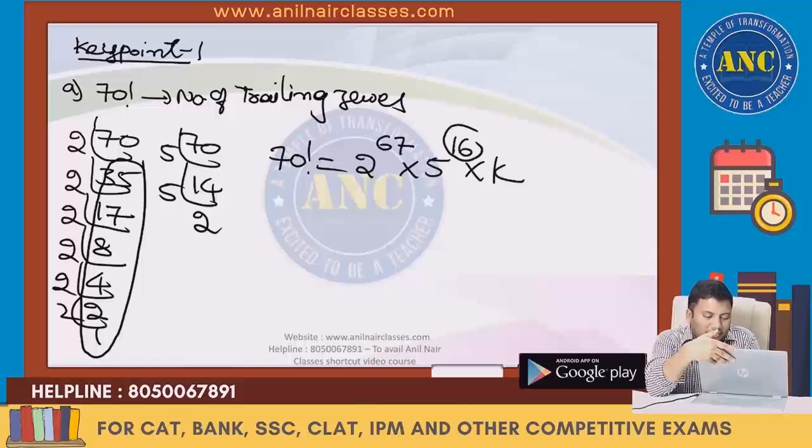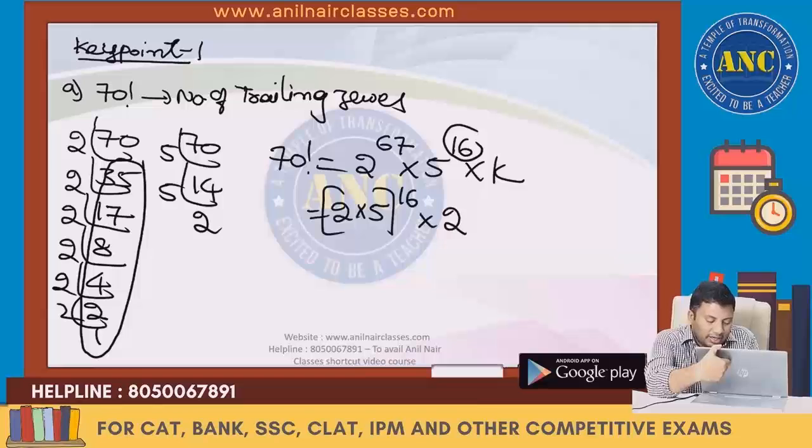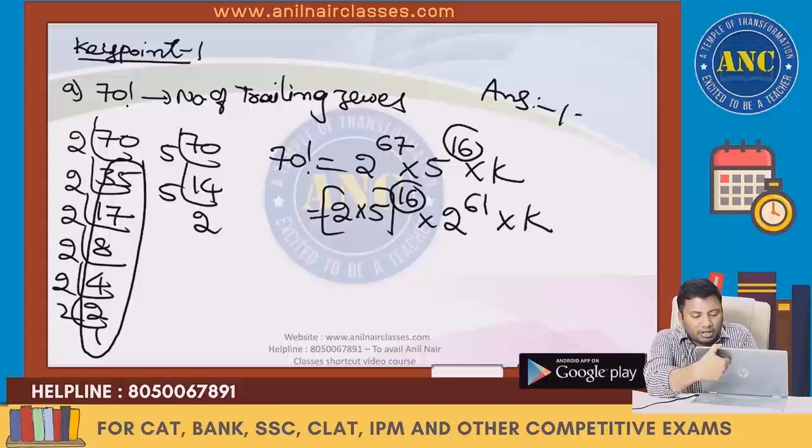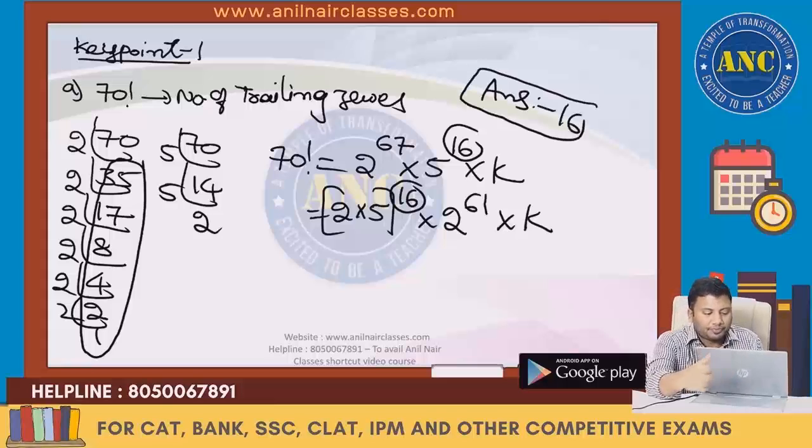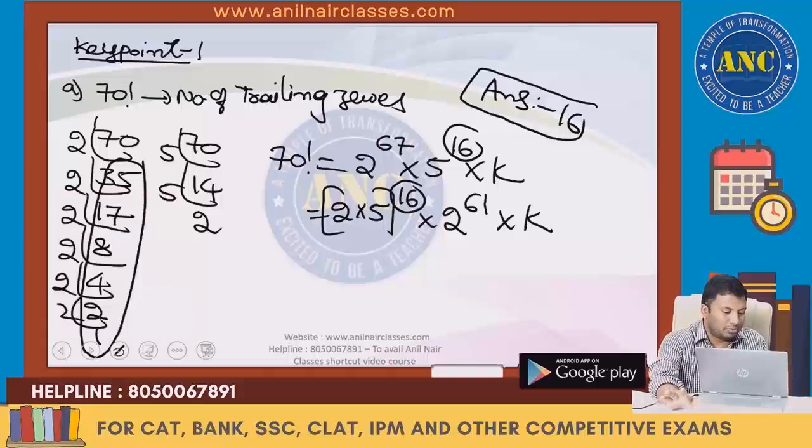Power of 5 is very small compared to power of 2. So I took 2 into 5 power 16 into 2 power 61 into k, and the answer I got is 16. What is important here is that the power of 5 is very small compared to power of 2, so automatically I took the power of 5.